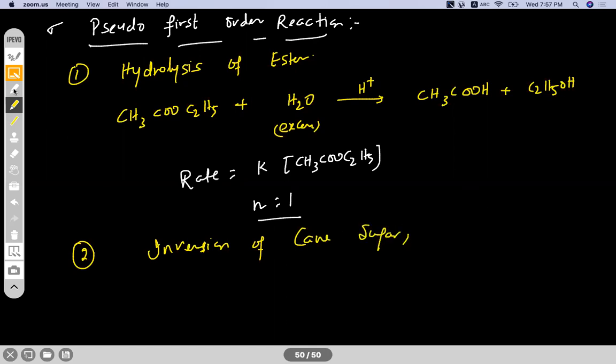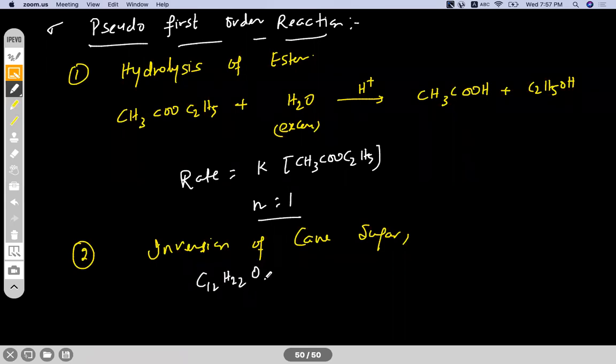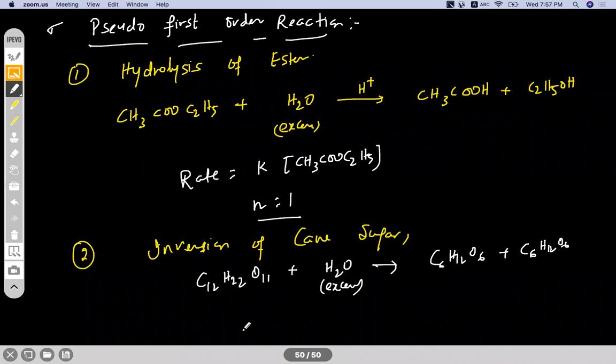Here also we have the same thing: C12H22O11 plus H2O excess, this converts into C6H12O6 and C6H12O6. Here also the rate is equal to K times C12H22O11.